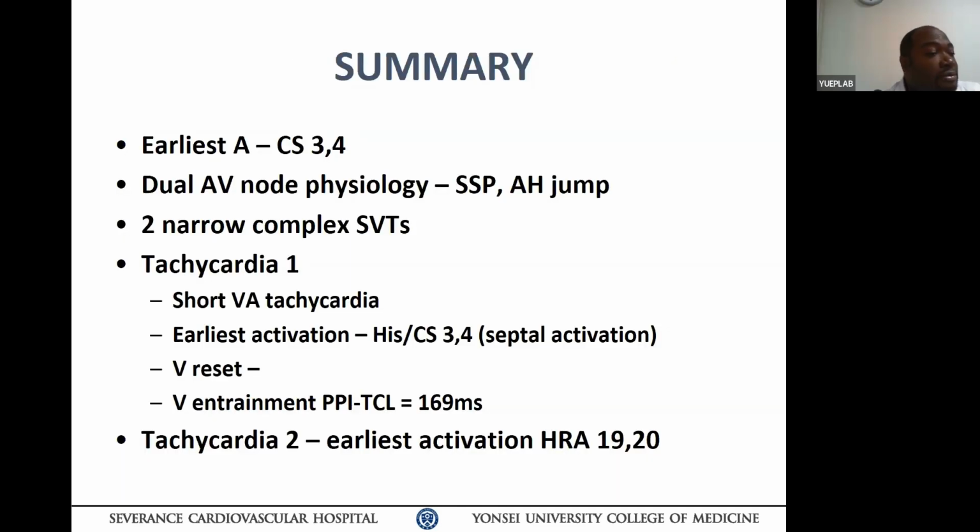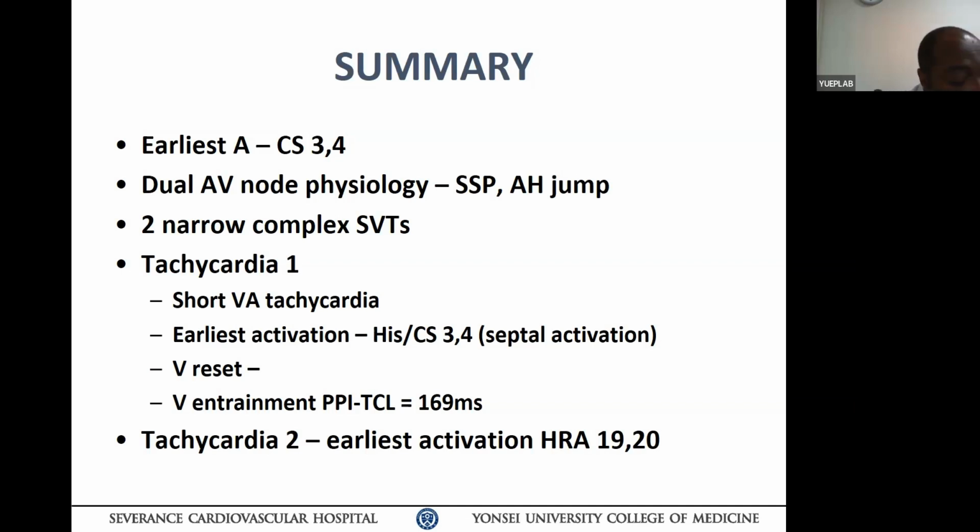So in summary, we have a patient who had the earliest A during V pacing at CS34, evidence of dual AV physiology, and was able to elicit 2 narrow complex SVTs. The first one had a short VA interval with earliest activation around the CS34, and V reset was negative. V entrainment also showed 169.